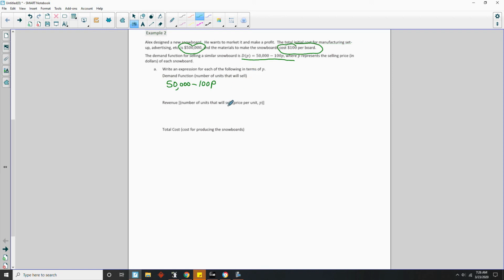Okay, revenue, number of units that will sell, which is price per unit P. Well, you're going to take this function here and rewrite it, 50,000 minus 100P. Now keep in mind that's the demand. Revenue is going to be this demand times the selling price.